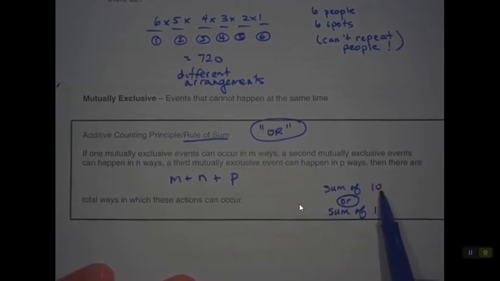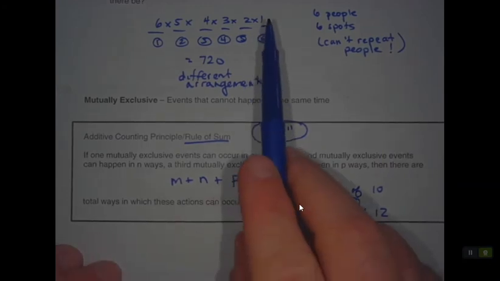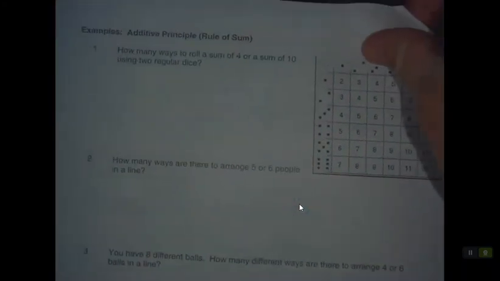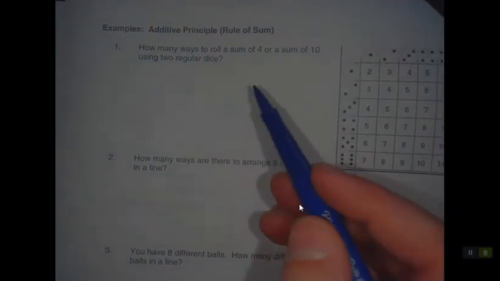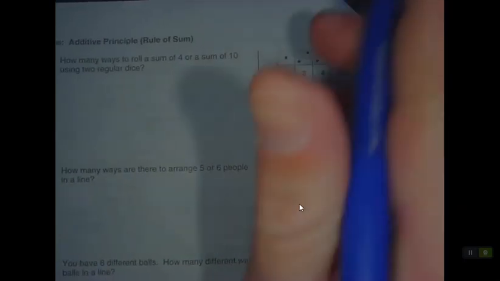Either you roll a sum of 10 or you roll a sum of 12. You can't do both at the same time. And you're going to see that with some examples as we move forward. But that doesn't mean that we might not have to do some multiplication as well. All right. So the first example here is how many ways to roll a sum of 4 or a sum of 10?